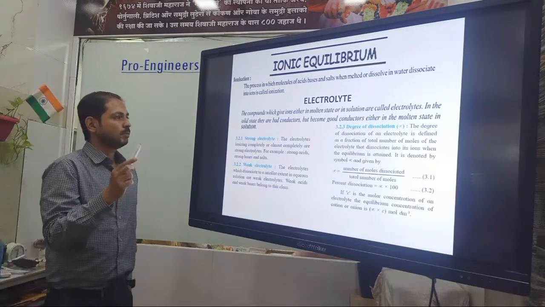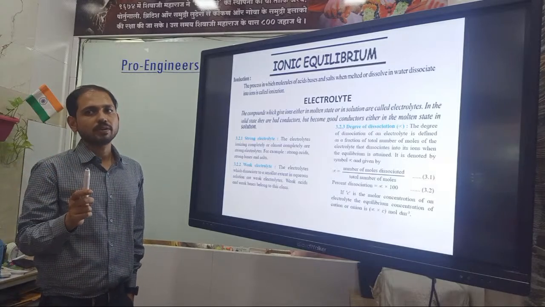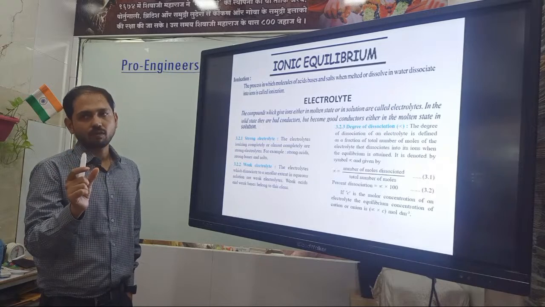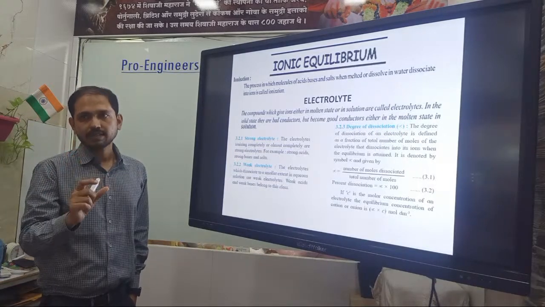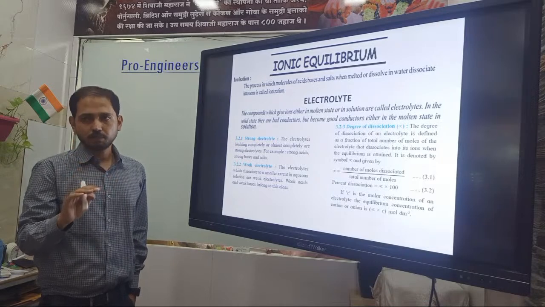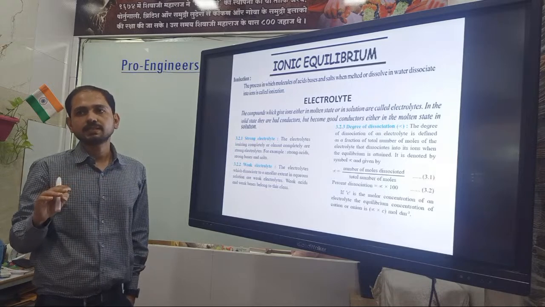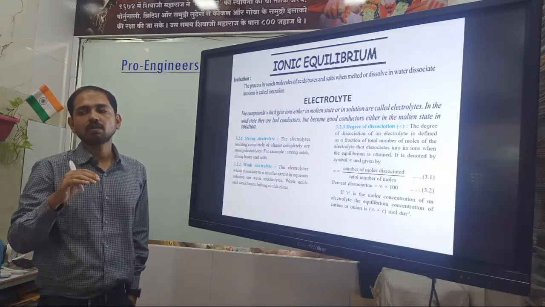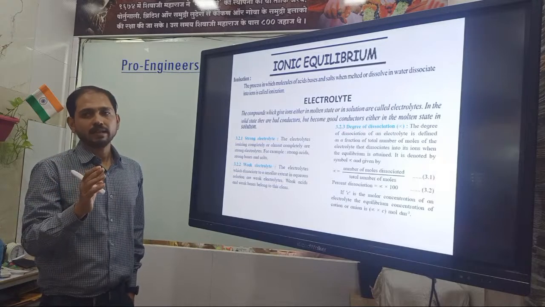But these electrolytes, salts or acids, are very poor conductors of electricity in their original form. If you don't dissolve these salts, acids or bases, they are poor conductors. When we dissolve these salts, acids or bases in solution, or when they ionize, they conduct electricity.